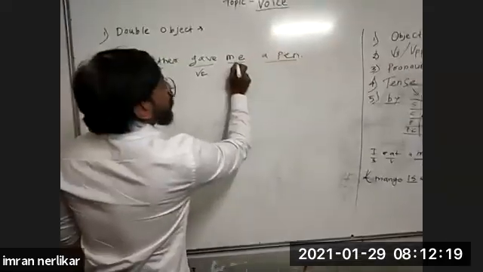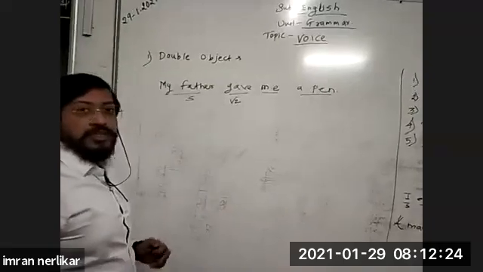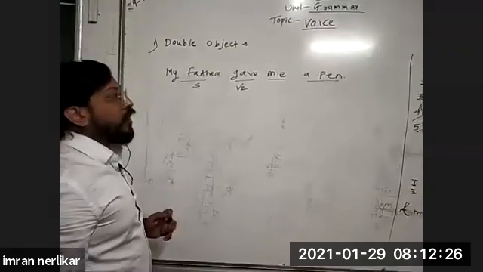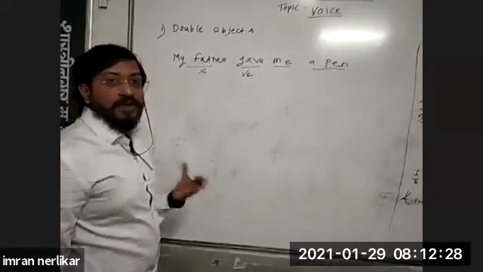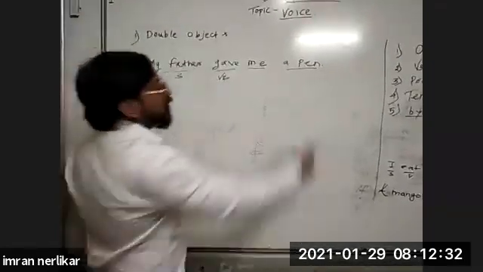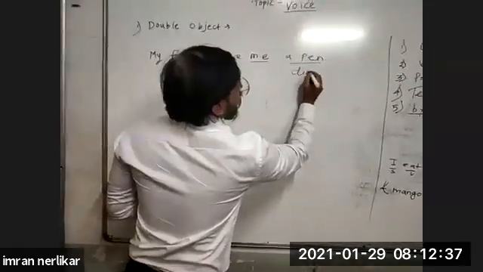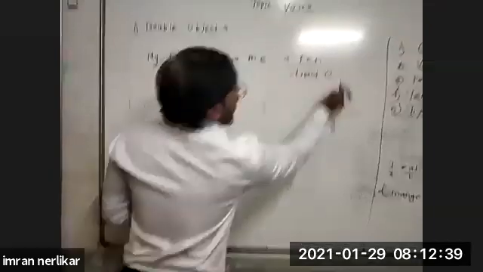This is the first object and this is the second object: me, a pen. Now, when you ask the question what is given, and you get the answer a pen, this is called the direct object.